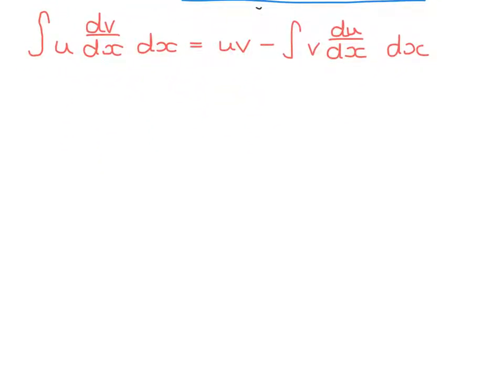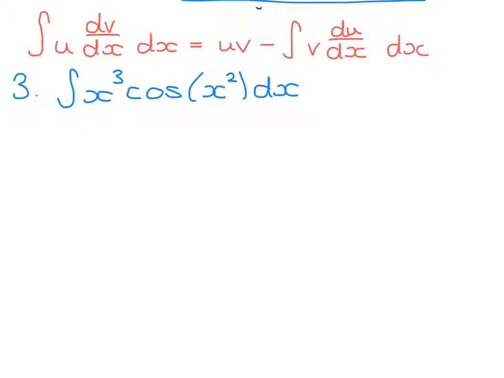On to the third example. We want to integrate x cubed times cos of x squared dx. At first glance, you might think that you should break this up into the product of x cubed times cos of x squared.